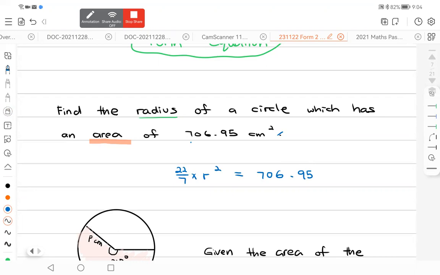Now, what if the question changes it to find the diameter? How do we form the equation? Same thing, no need to change. Given an area of the circle, just write down pi r square.